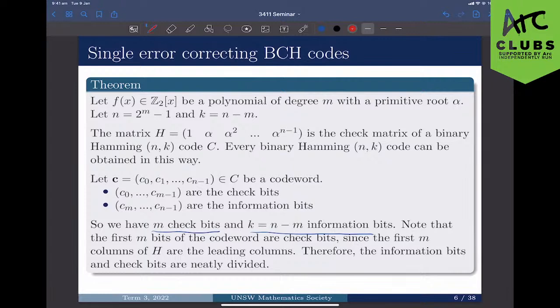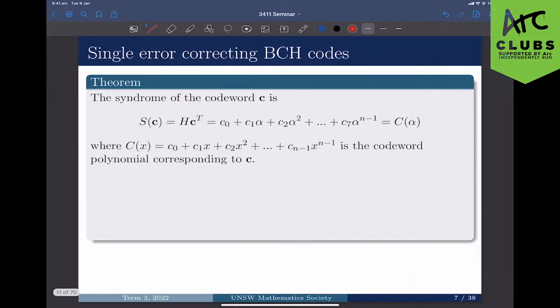So the neat part of BCH codes is that the first m bits are going to be all check bits, and obviously the rest are going to be information bits. So the information bits and the check bits are neatly divided. For single error correcting BCH codes, the syndrome of a code word is obtained by matrix multiplication of the check matrix with the code word transposed, where C of x is the code word polynomial whose coefficients correspond to the code word.